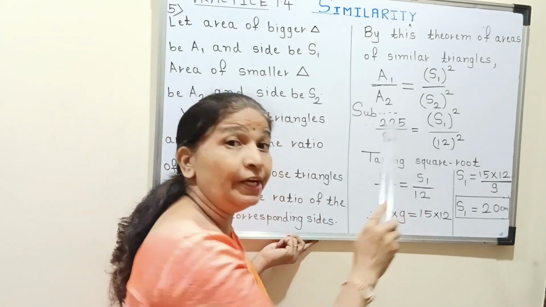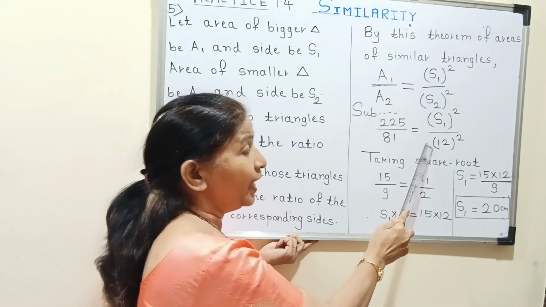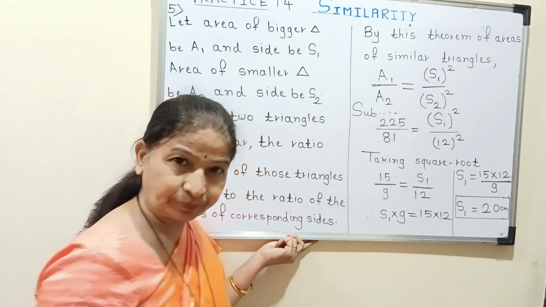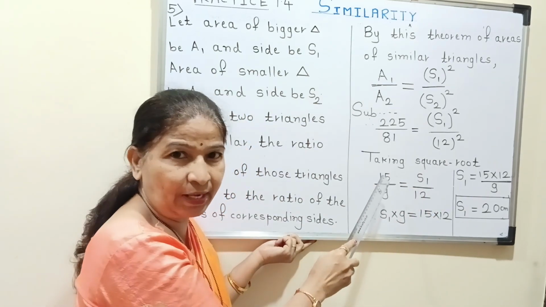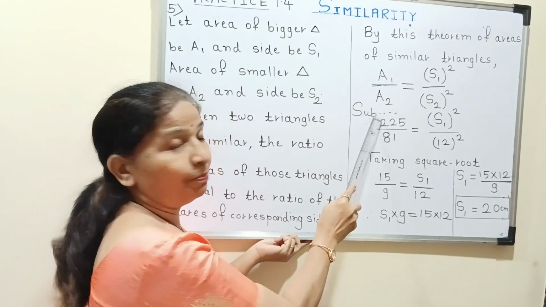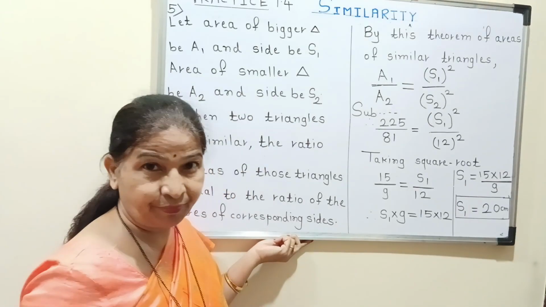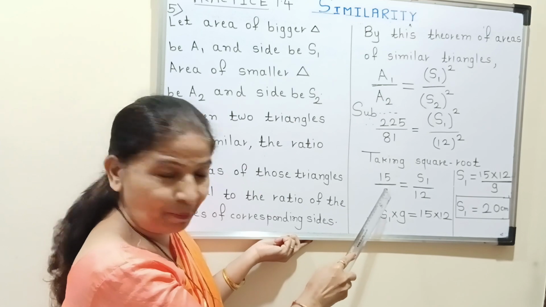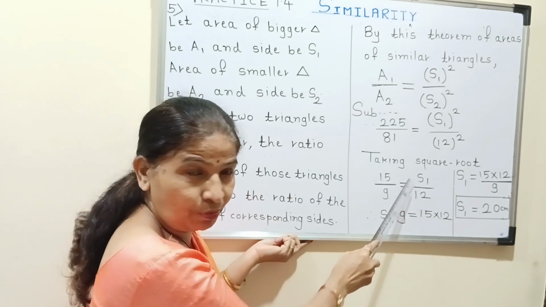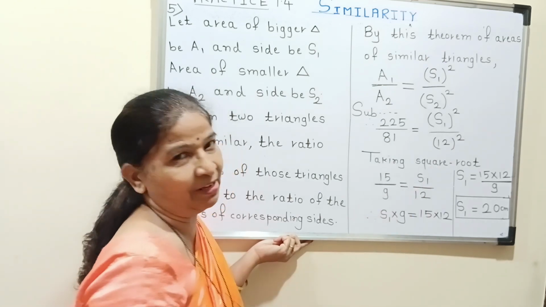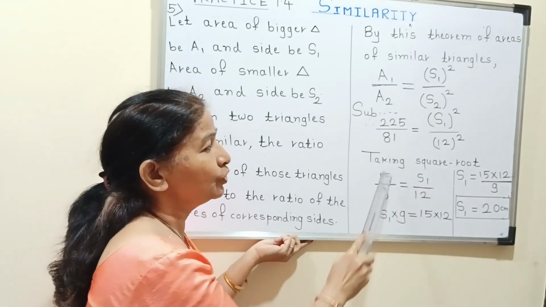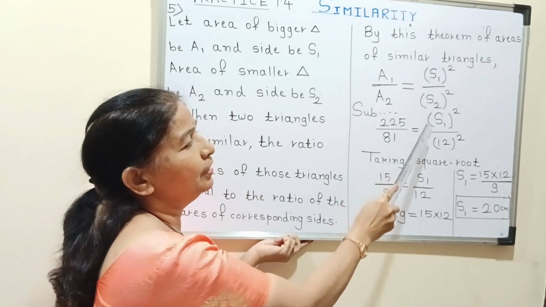The side of the smaller triangle was provided as 12, so 12 square. For convenience I will take the square root. The square root of 225 came as 15, and the square root of 81 came as 9. Naturally the square root of S1 square is S1, and 12 square is 144, whose square root is 12. So I took the square root of each and every term.